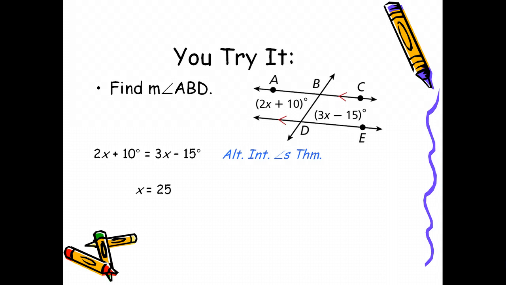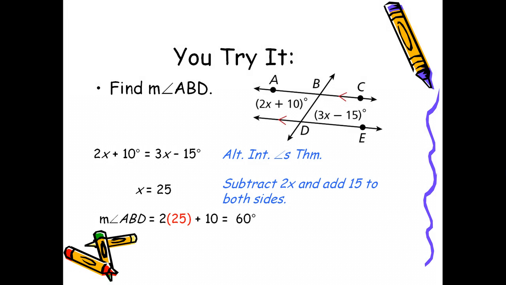By solving for x, we get that x is 25. Now we want to find ABD, which would be 2x plus 10. So we plug in the 25 for x, and we have 2 times 25 plus 10, which gives us 60. And this is through substitution.